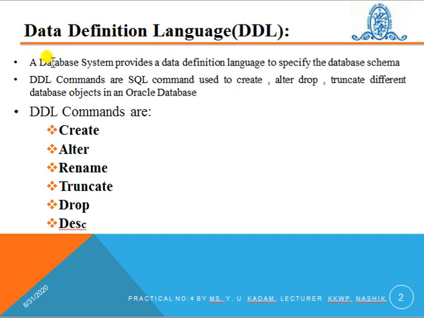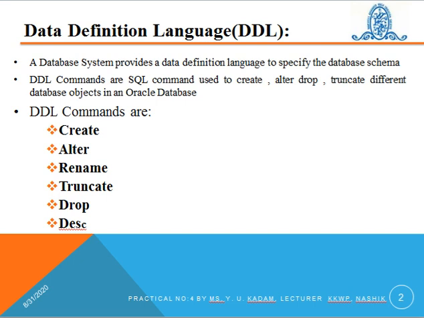Database system provides a data definition language to specify the database schema. Database schema is nothing but the overall structure of the database. DDL commands are SQL commands used to create, alter, drop, truncate different database objects in an Oracle database.